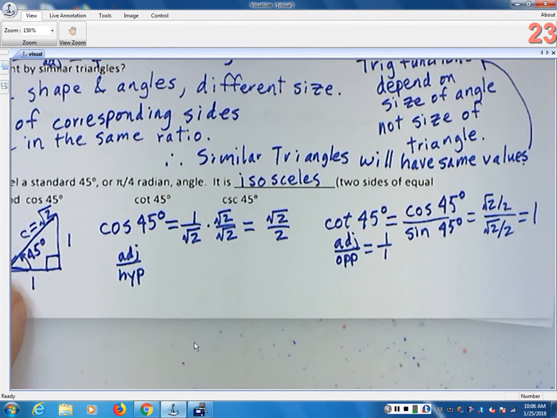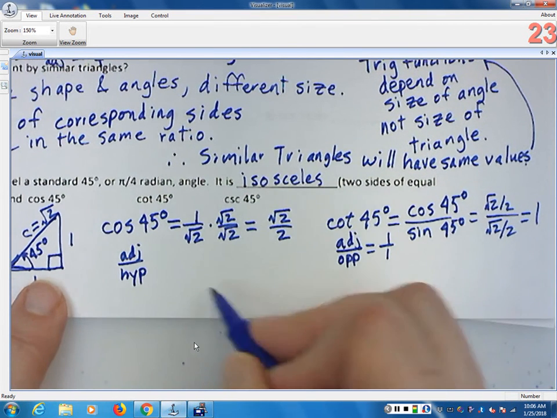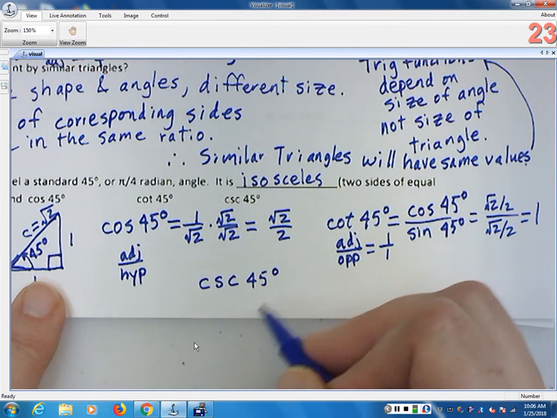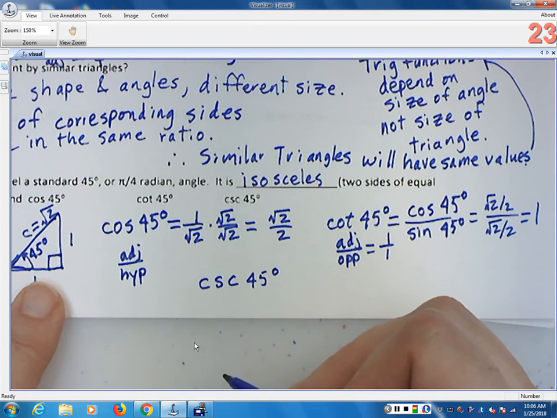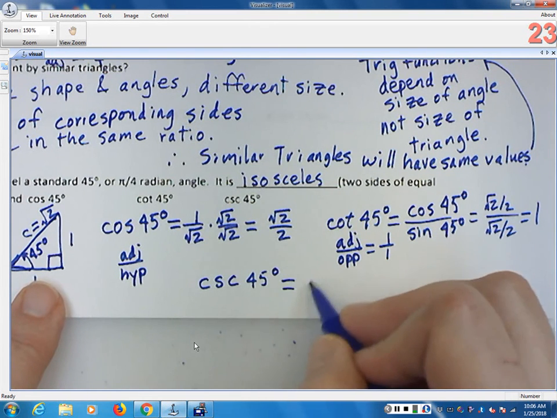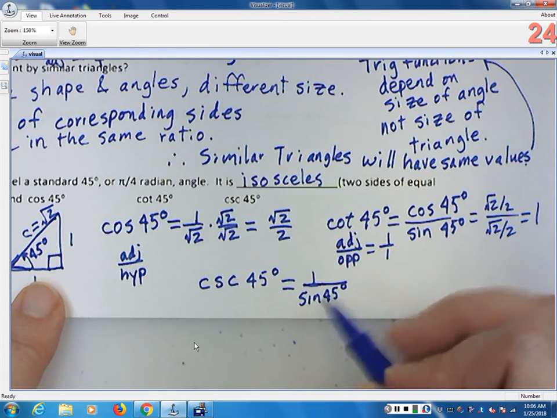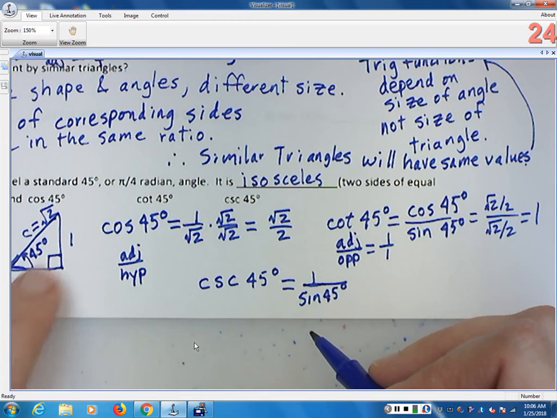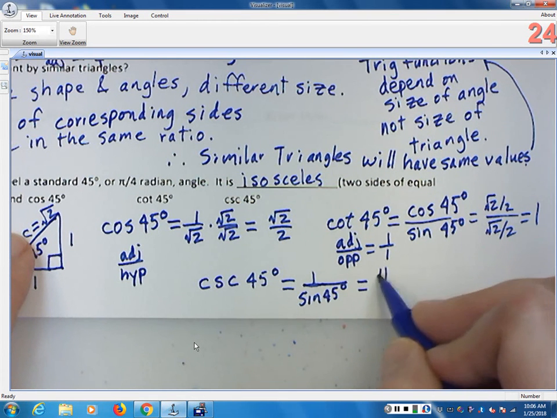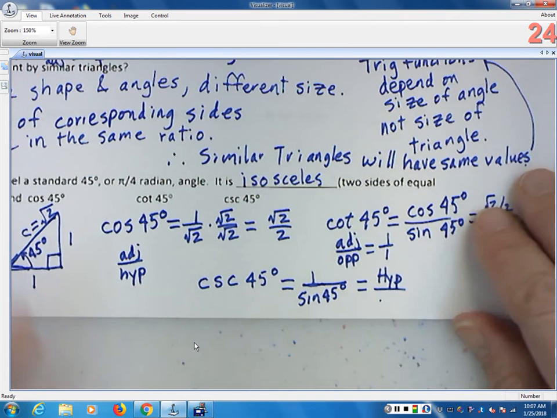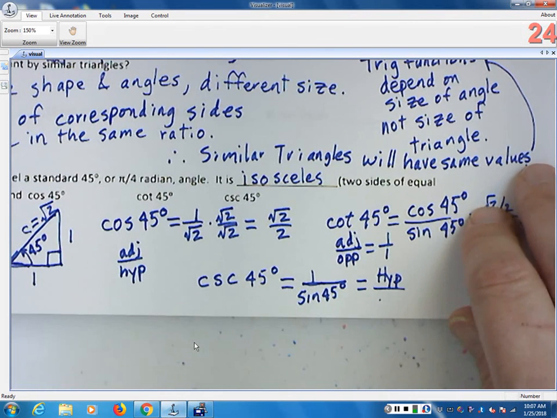Okay, and then the last one, cosecant of 45 degrees. Remembering that cosecant is 1 over sine. And sine is opposite over hypotenuse. Oh, I have to look back. What was cosecant?